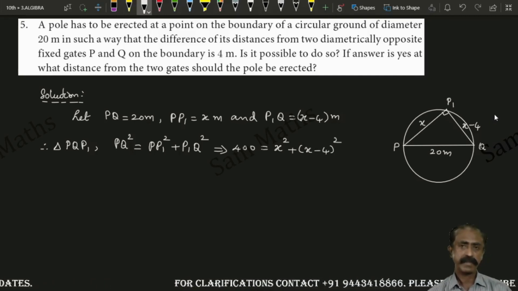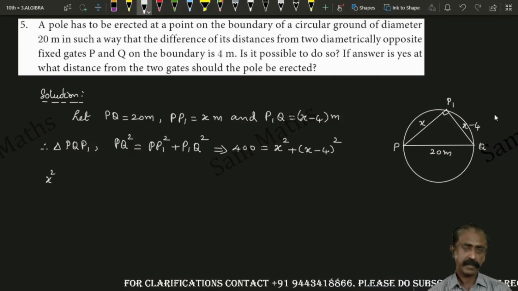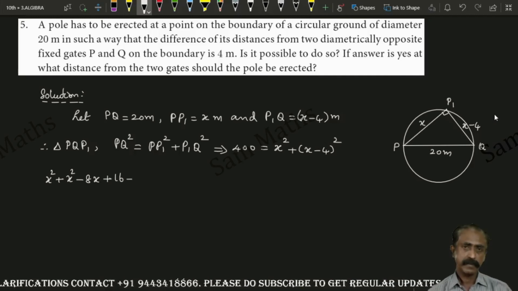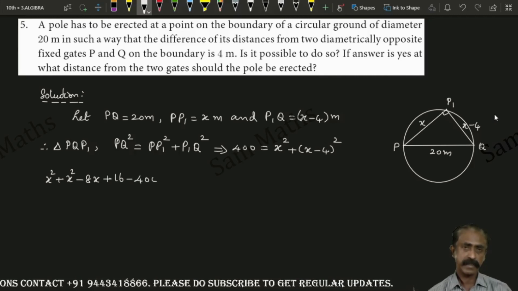Thus we can simplify. We are getting x square plus x square minus 8x plus 16 minus 400 equal to 0.